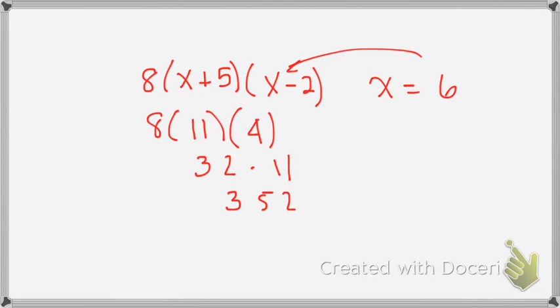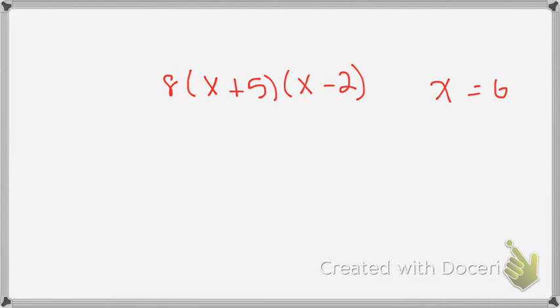I'll try to quit explaining stuff and I'll do it in my head a little bit, which may remedy my mistakes. Sometimes when I talk as I do things, I make boo-boos. So let's do it again. 8 times x plus 5 times x minus 2 and x equals 6.